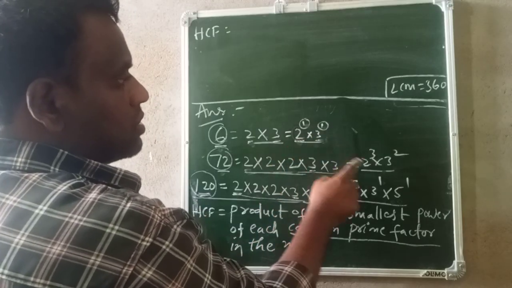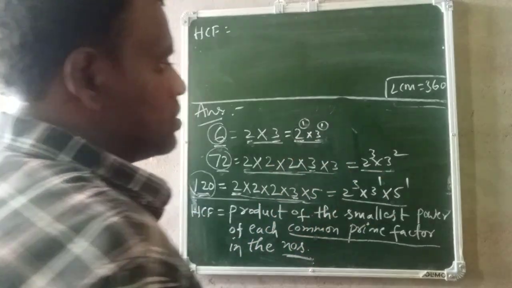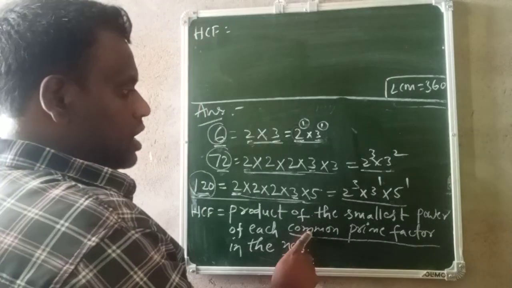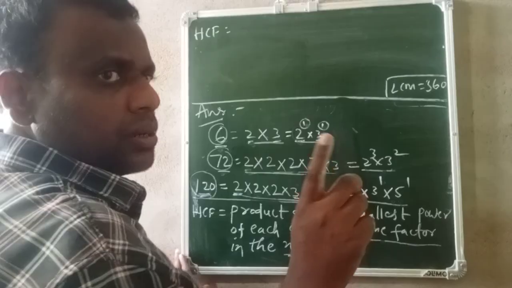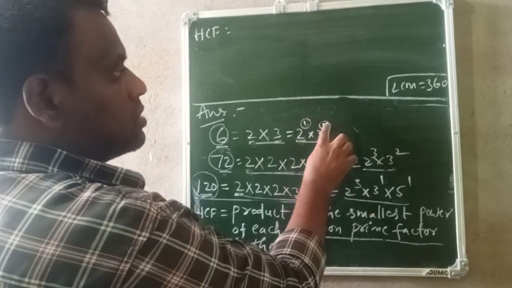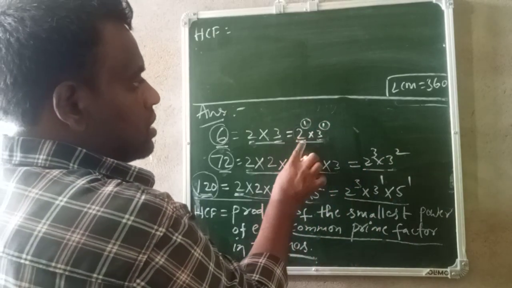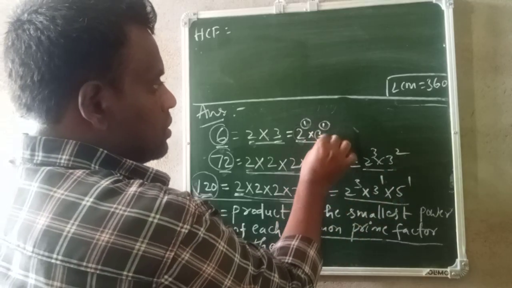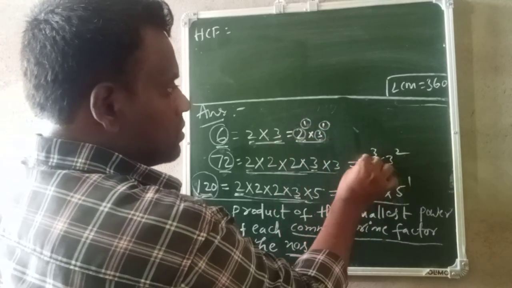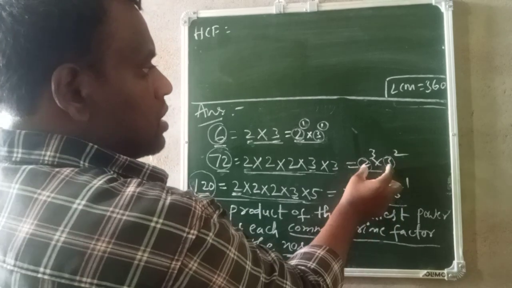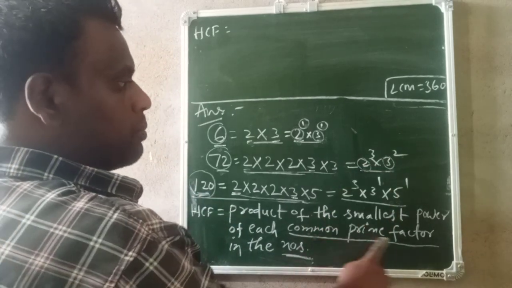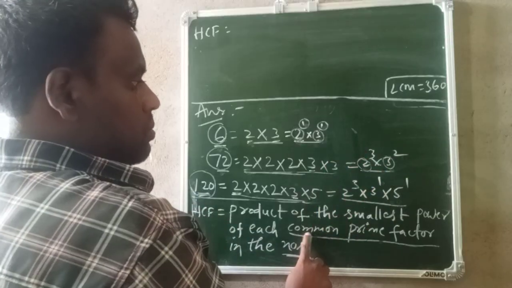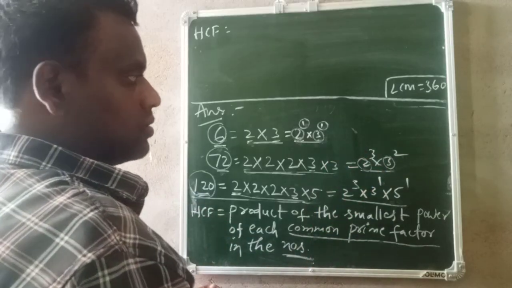These prime numbers you consider, 2, 3. That's what they are telling by common prime factor, not these powers. First, common prime factor you consider.